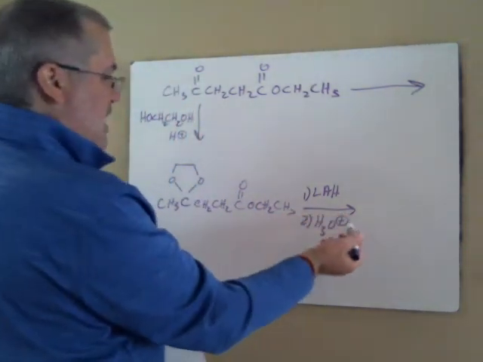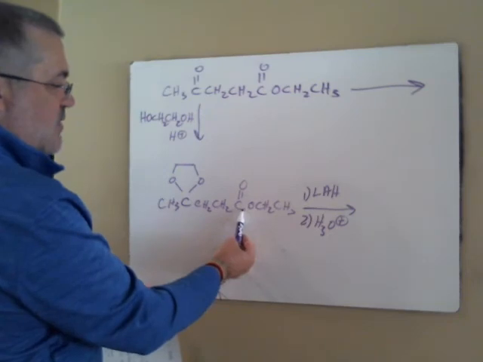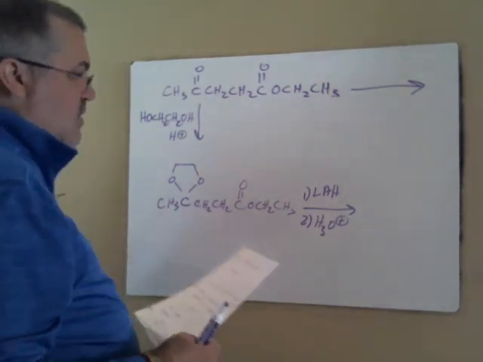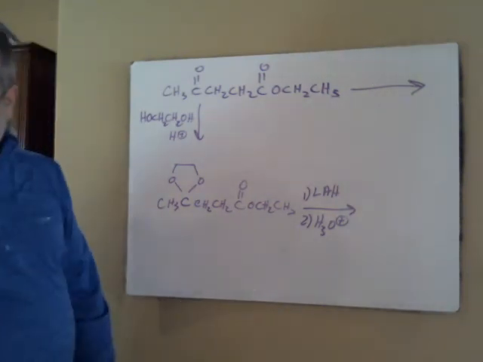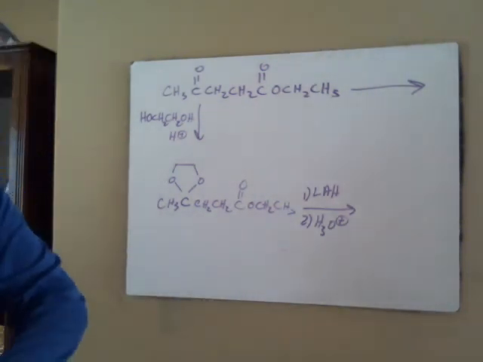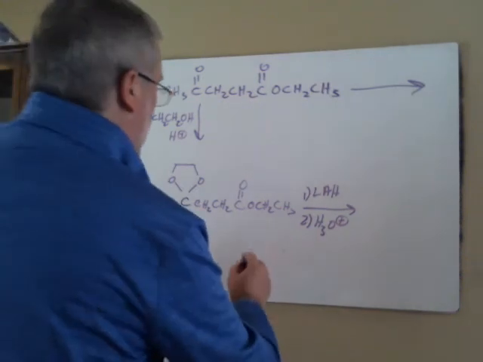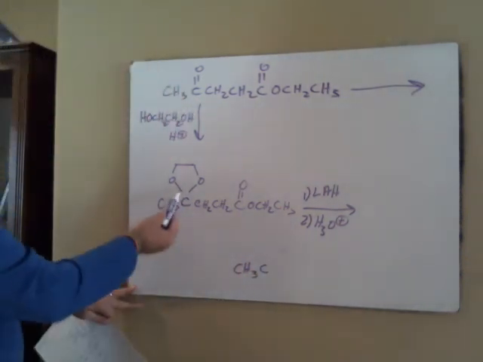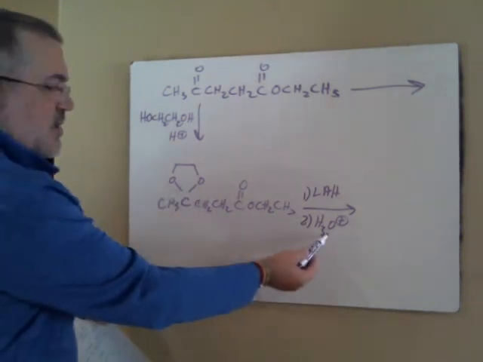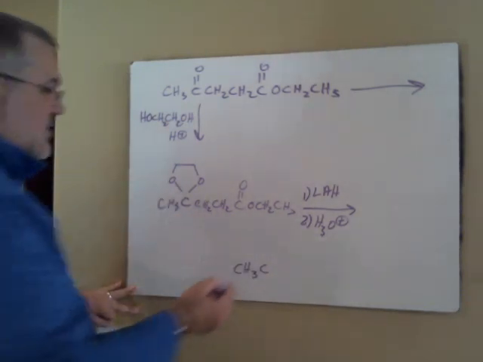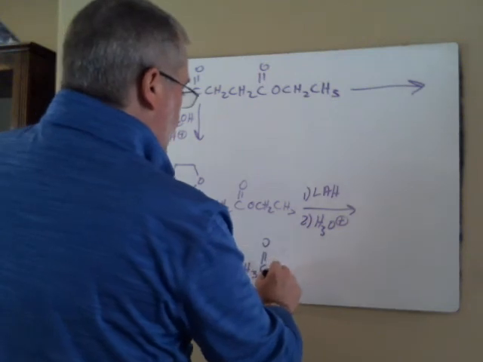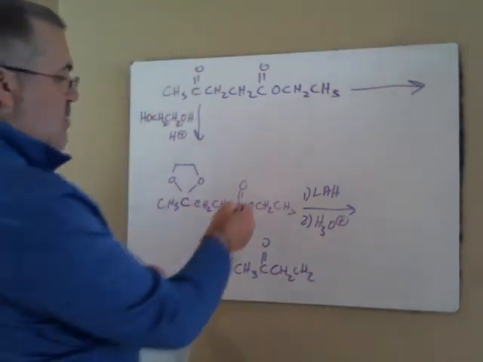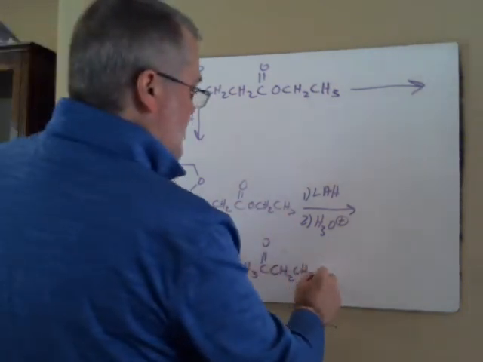And so believe it or not, what happens, the LAH reduces this, right? And so when it reduces it, what is it going to form? What's going to happen to this acetal when you do the aqueous acid workup? It's going to come off. So the workup of the reduction actually removes that. And then what is going to be the result here?